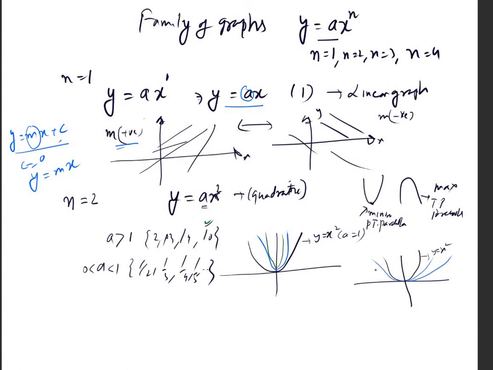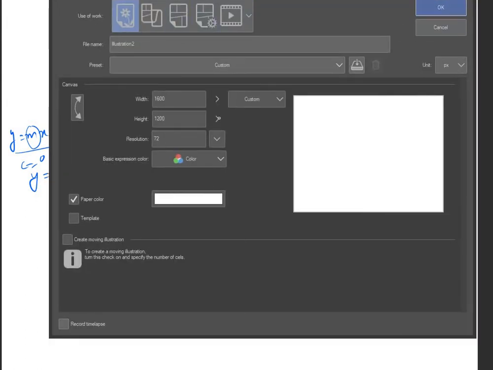And if you go on decreasing a, it'll keep on dilating. It'll keep moving out. So this is how a behaves. Is this clear so far? There's one more fashion a behaves.